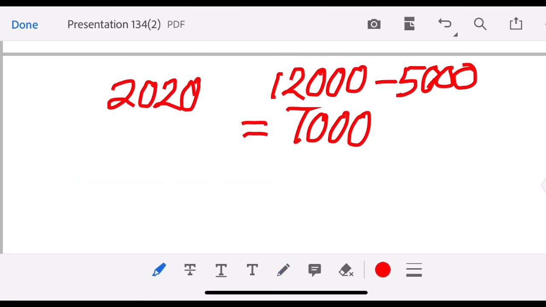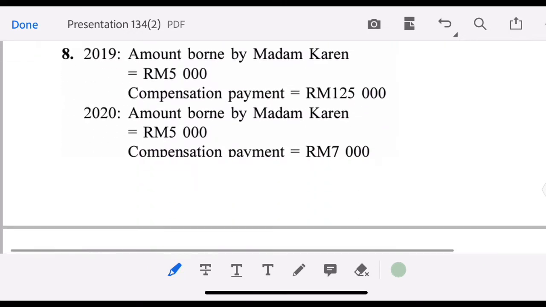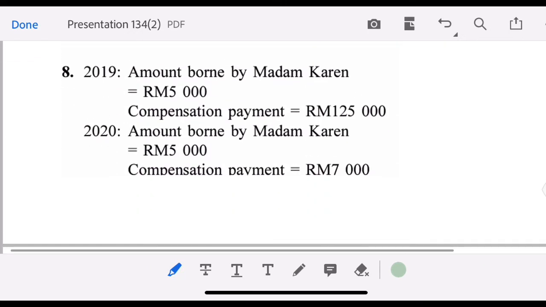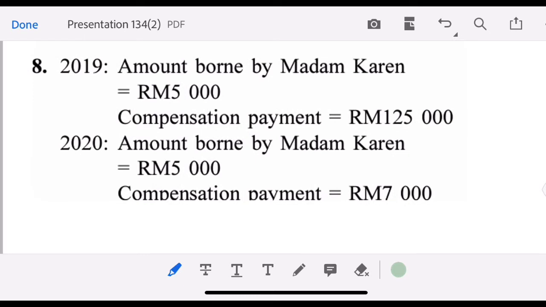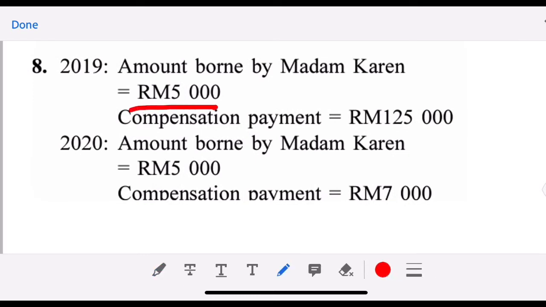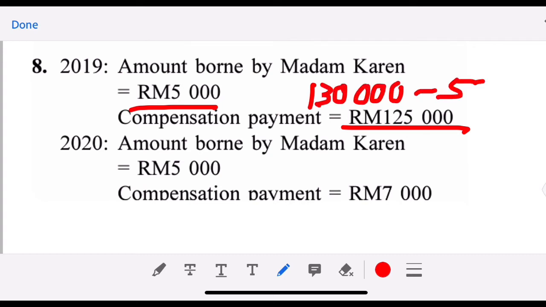So in this case, the amount borne by Madam Karen is the deductible amount, and the compensation payment is 125,000. It's actually 130,000 minus out the 5,000.